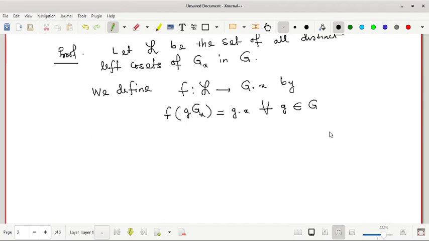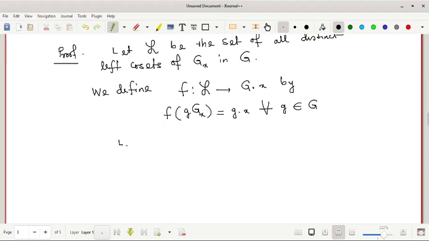Okay, that's fine. We have to prove, first of all, let us prove that this is well defined. How to prove?